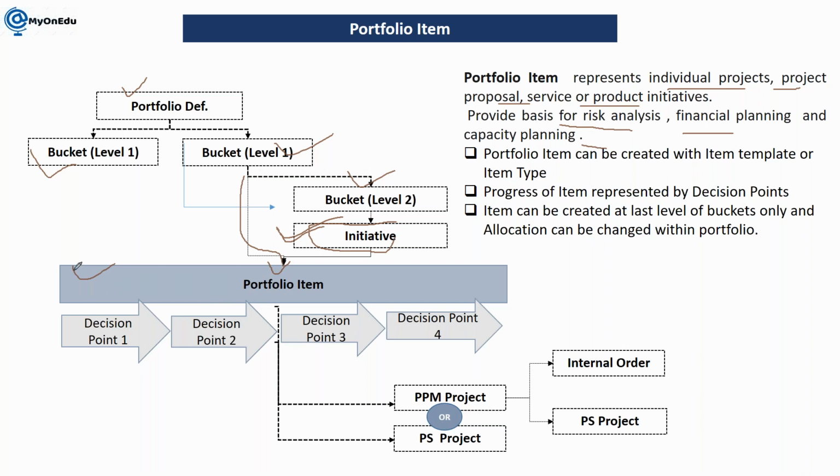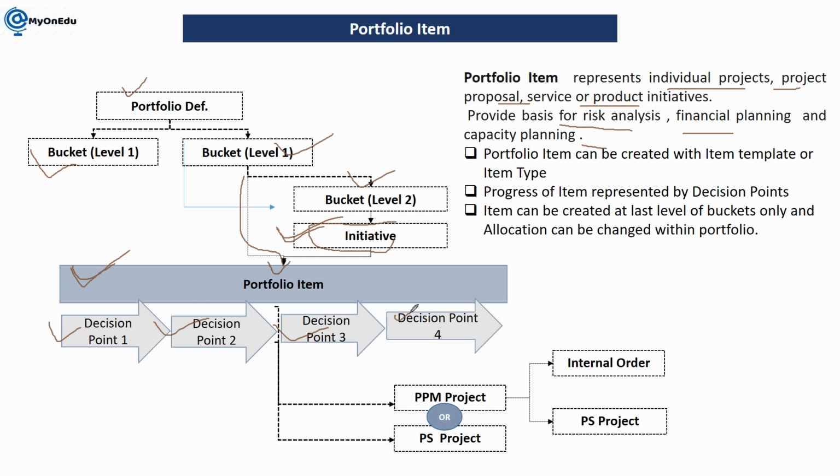So once it is done, let's say you have created a portfolio item and it is going through various stages. In the portfolio item, we call them stage gates or decision points, or phases. These three terminologies are being used for the same object. But in PPM, everywhere you will see the name decision point.